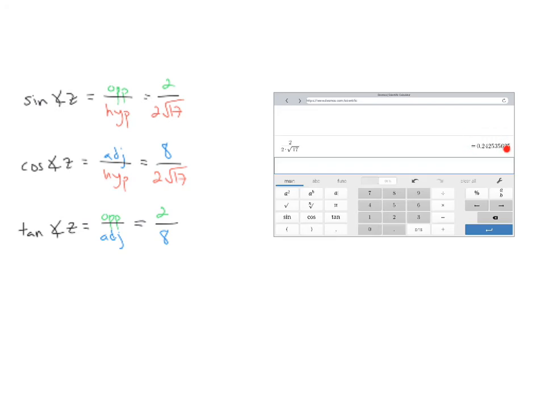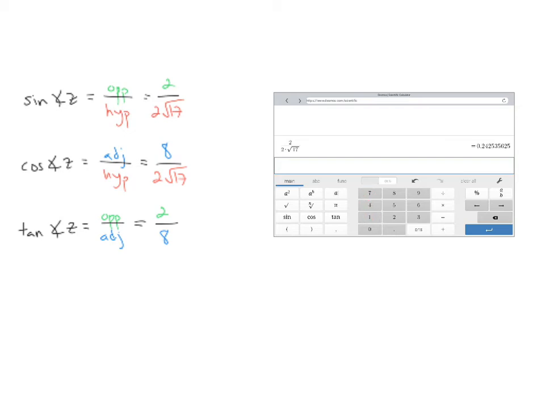All right, and this number right here is going to be our ratio as a decimal for sine of angle Z, right? 2 divided by 2 times the square root of 17. So I hit 2, and then I hit divided by 2 times the square root of 17.